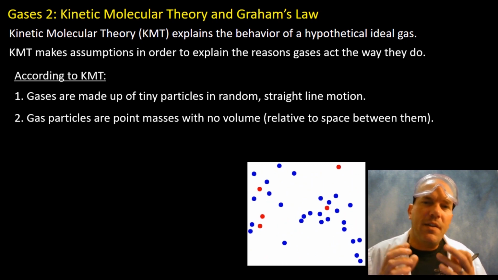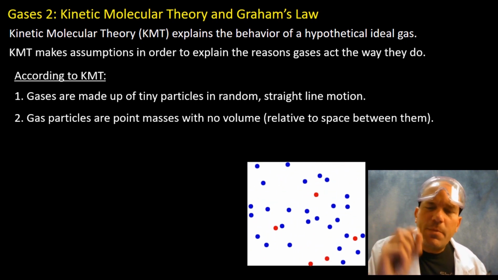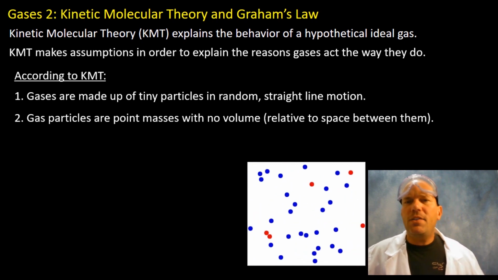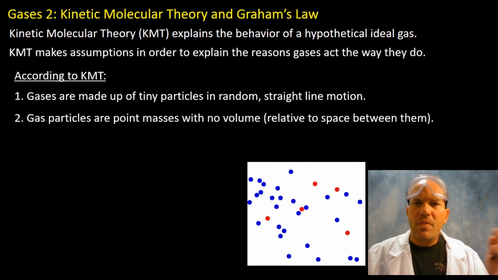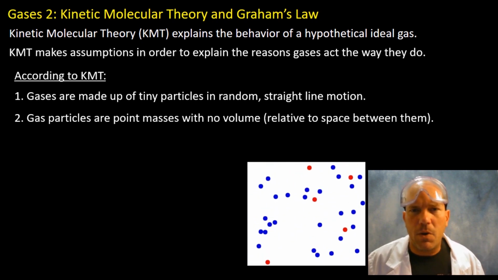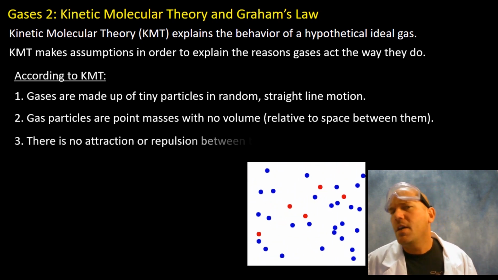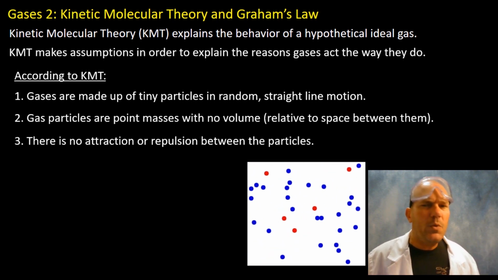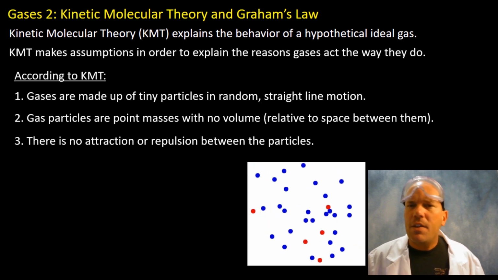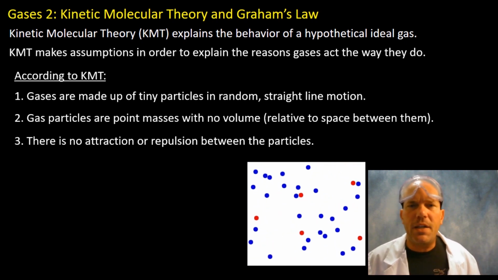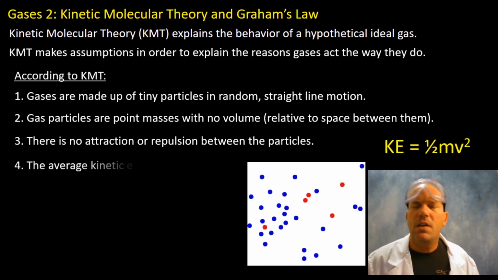In other words, the volume of gas particles is so small with respect to the spaces between them that we can consider that volume negligible. Number 3, there are no attraction or repulsion between particles. In other words, there are no intermolecular forces that exist between these gas particles.